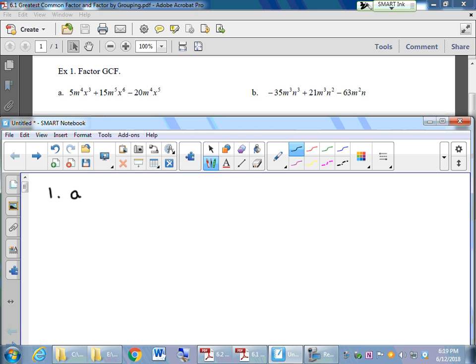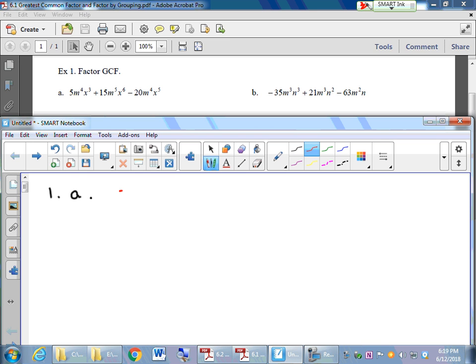There are a total of 3 terms in here. From the first term, second term, and the third term, start with the numerical factor. So I have 5, 15, 20. All of them have a common factor of 5, and that will be the greatest common factor.